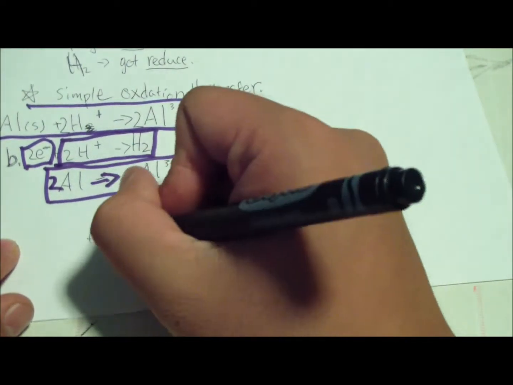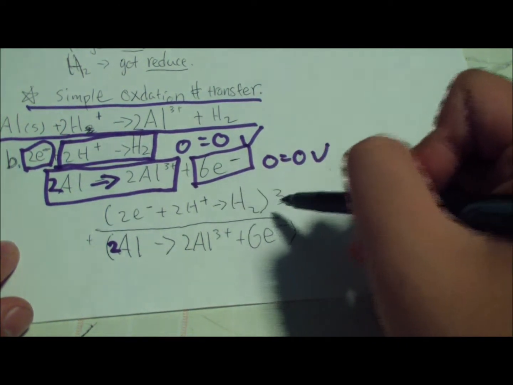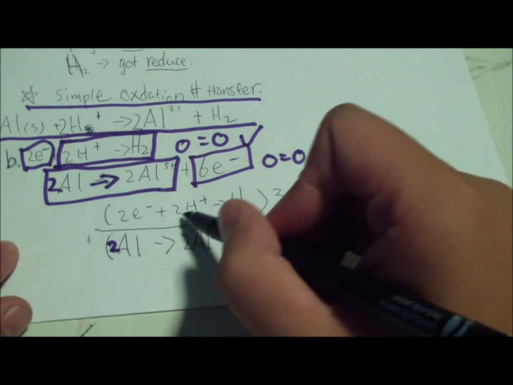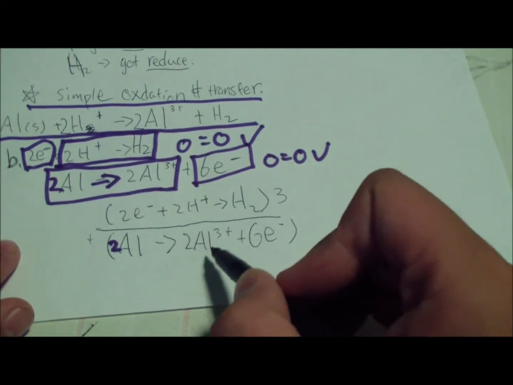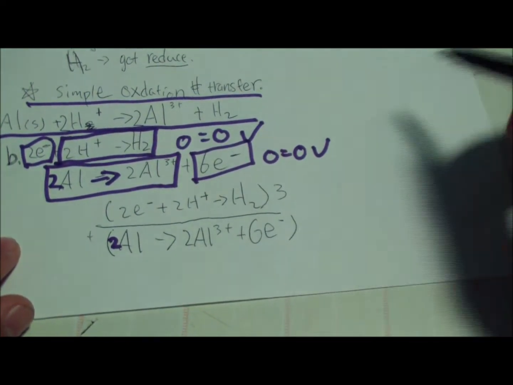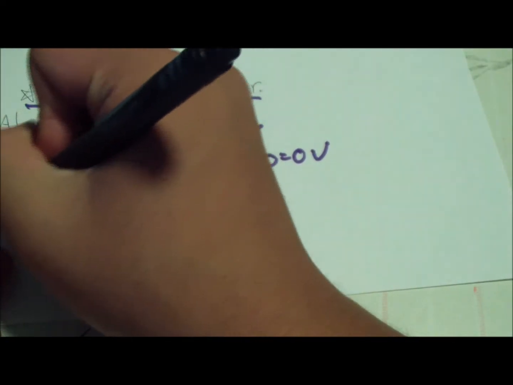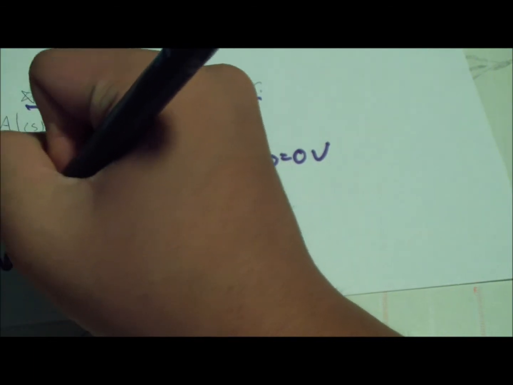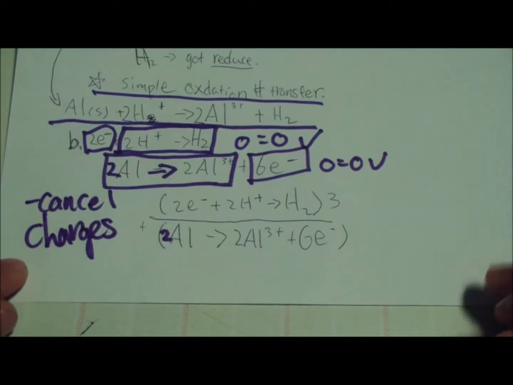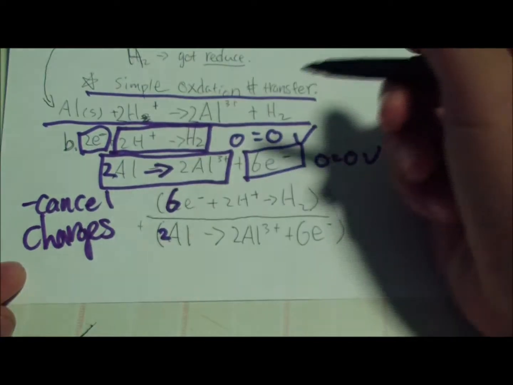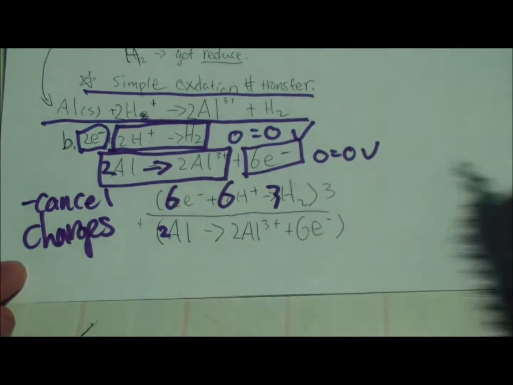2 electrons plus 2 hydrogen ions equals H2. H is balanced, so I'm good on this one. And 2Al goes to 2Al3 plus 6e minus. Now I multiply the top by 3 because I want the charges to cancel.